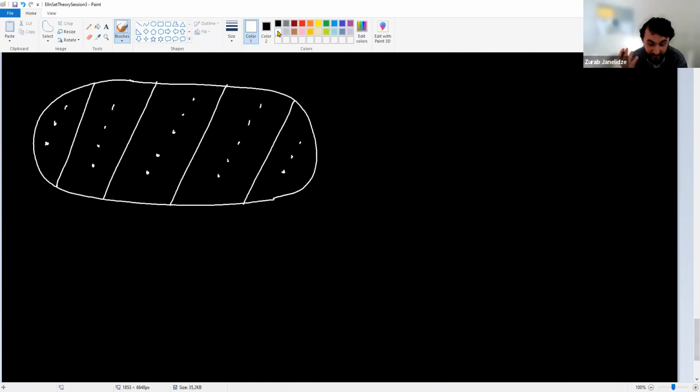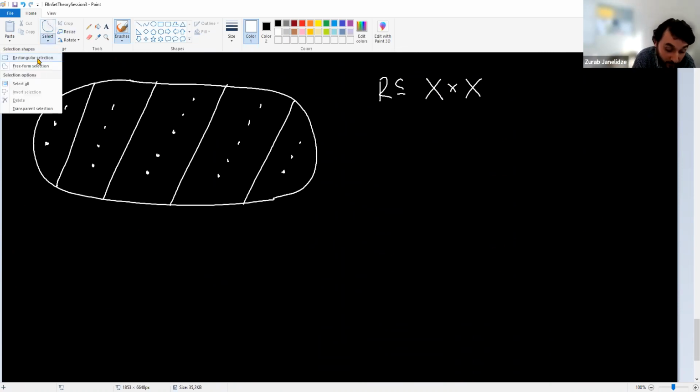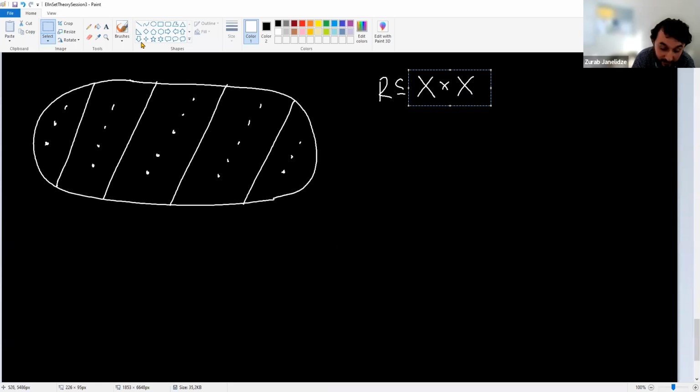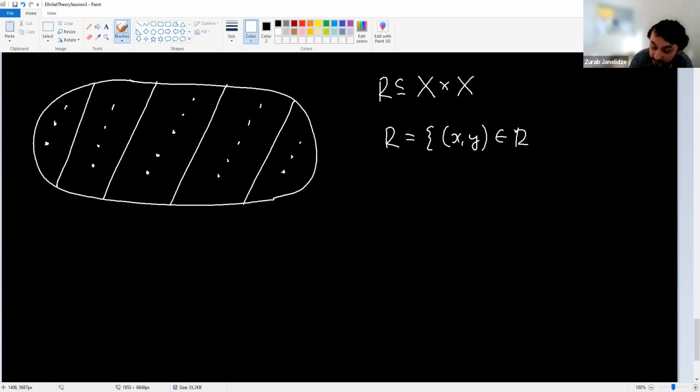So mathematically, on a set X, we can define a relation to be a subset of the Cartesian product, so the set of all ordered pairs that are supposed to be related. Just an example of this would be the set of all ordered pairs x, y of natural numbers, such that x is less or equal to y. Of course this set of ordered pairs is not a function, right?